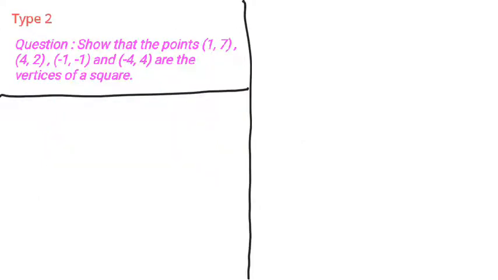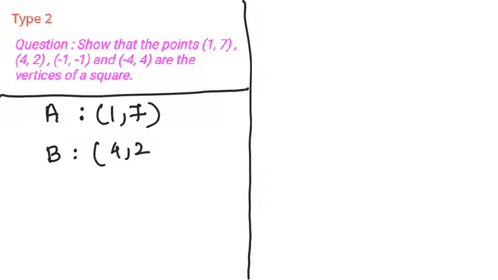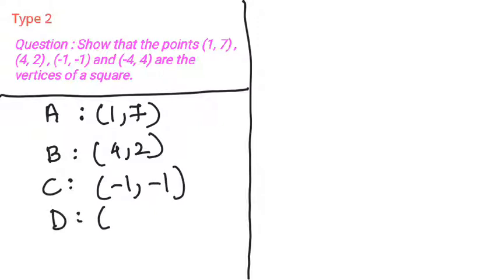So now let's name the points. A as (1, 7), B as (4, 2), C as (-1, -1) and D as (-4, 4).